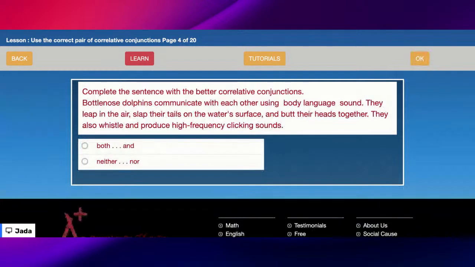All right. Bottlenose dolphins communicate with each other using body language. There's an empty space here. Sound. They leap in the air, slap their tails on the water's surface, and butt their heads together. They also whistle and produce high frequency clicking sounds. So, what is it, both and or neither? Yeah, each other using this and this here. So, they're both using their, is it both or neither?